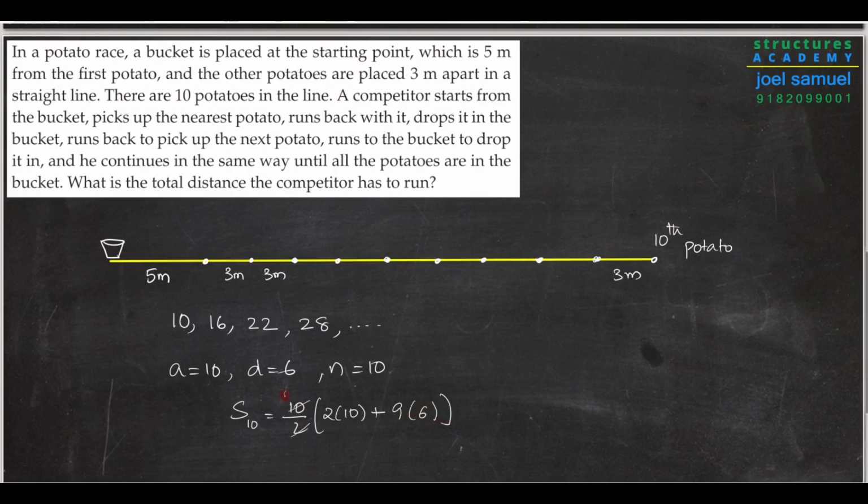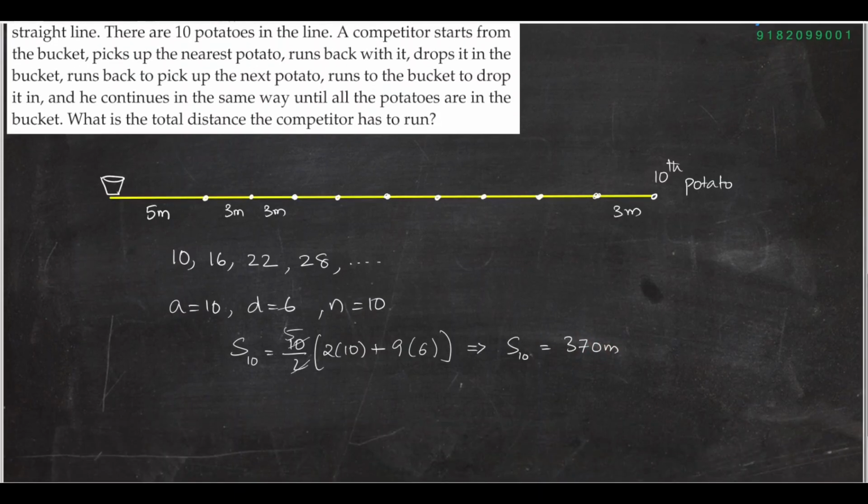So this cancels out 5 times, and this is 20 plus 54, that is 74, times 5, that gives us 370 meters, which means the total distance is equal to 370 meters, and that is the final answer.